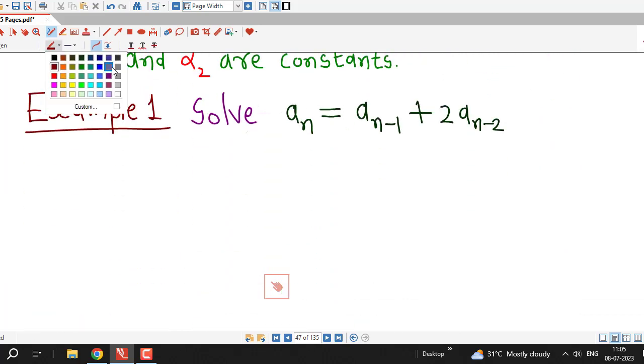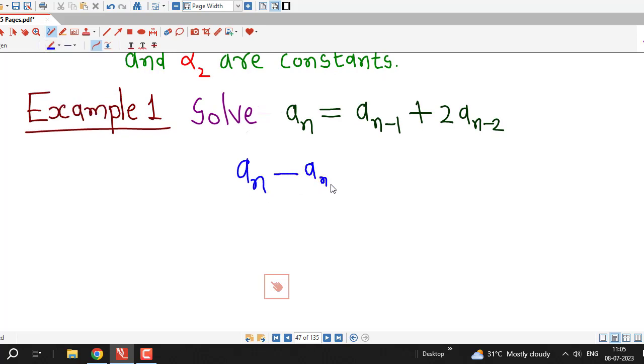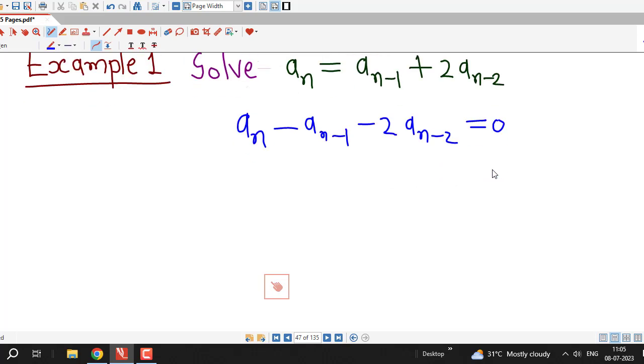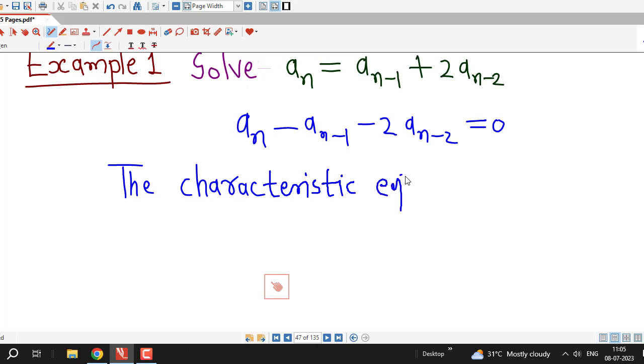Here our recurrence relation is given by an minus an minus 1 minus 2 times an minus 2 equal to 0. First step is we have to write down the characteristic equation. So the characteristic equation is r square. Here coefficient of an is 1, so we consider coefficient of r square as 1.